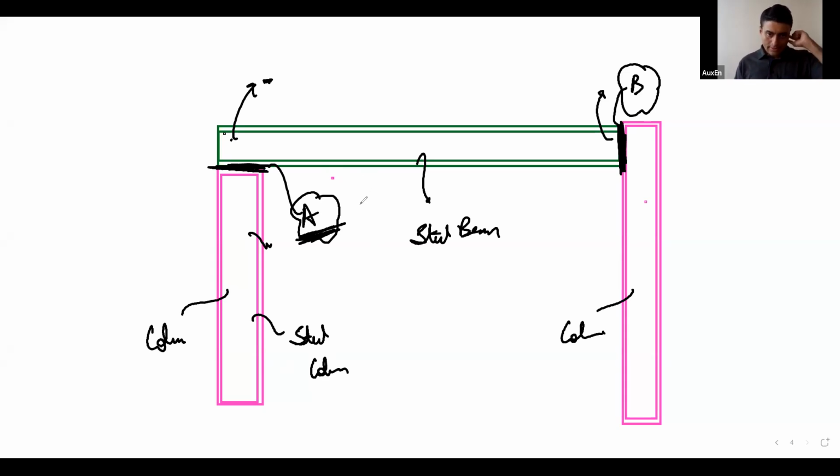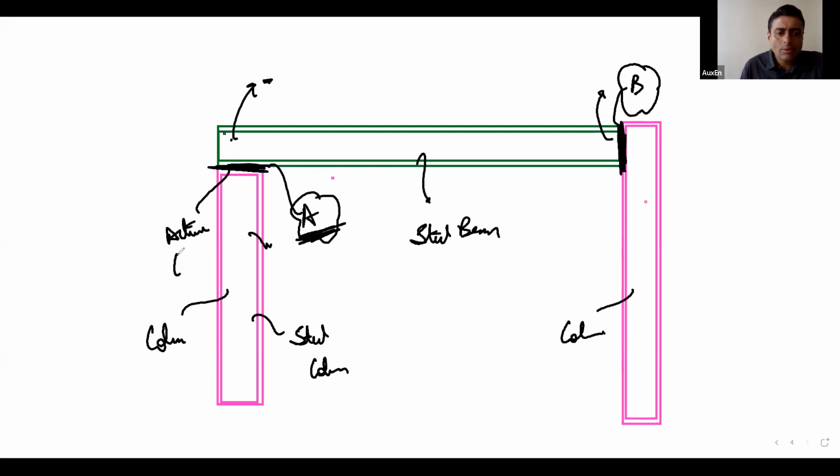Asad is saying B. A, easy to erect for A. Yes, A is actually easy to erect, and also because A provides an active support for the beam from the column.